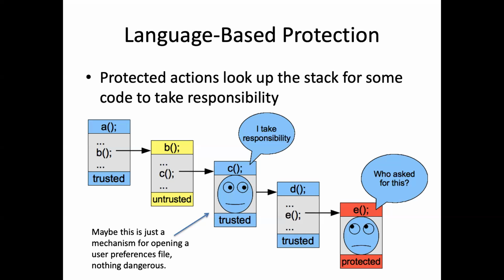So within a JVM, it assigns different permissions to files that might have come off of your local hard drive versus files that potentially got downloaded from the internet as your program was running. For files that came from your local hard drive that are part of your JVM installation, those are more trusted. Classes that got downloaded as a program was running are less trusted. And that's what I mean by this yellow box here.